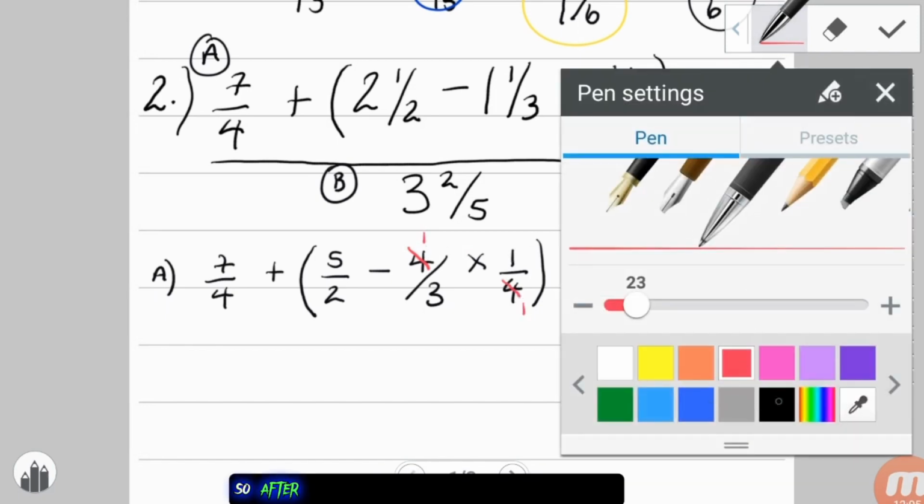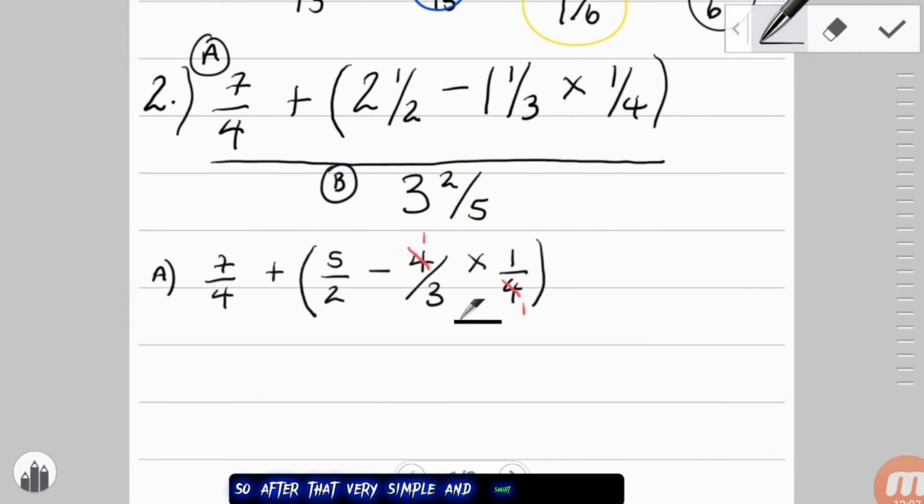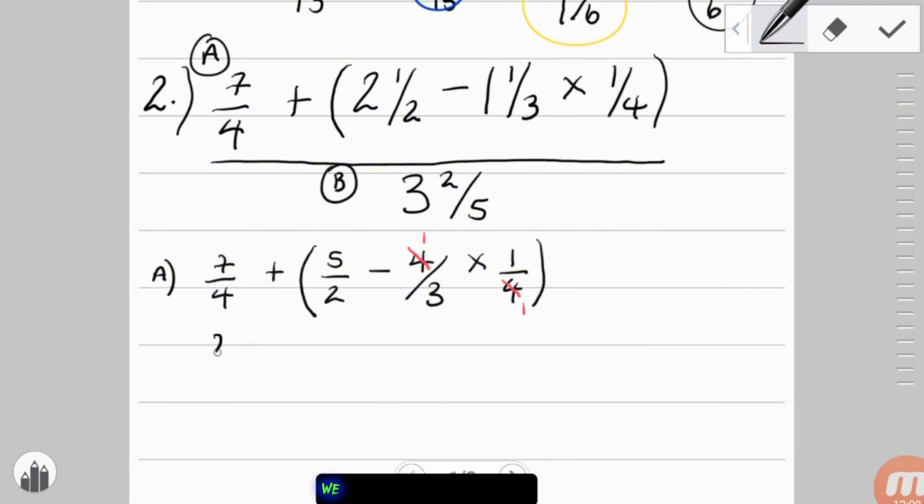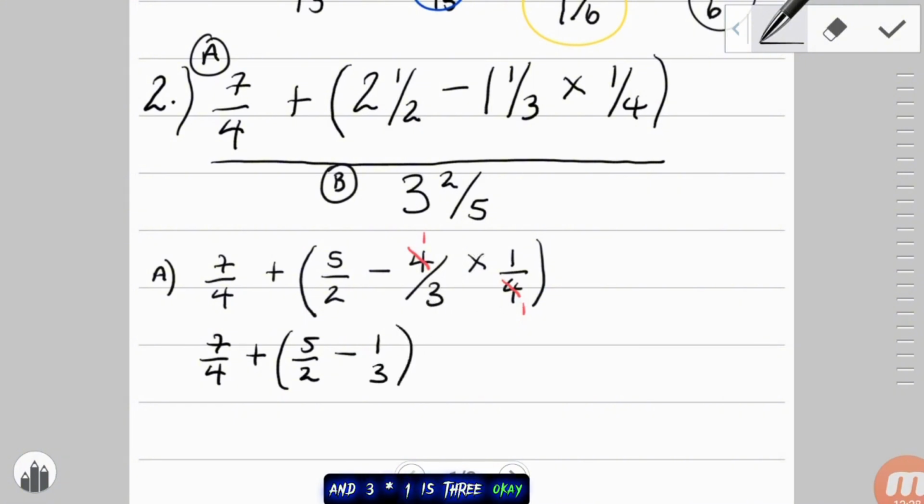After that very simple and short cancellation, we end up with 7 over 4 plus, open bracket, 5 over 2 minus 1 times 1 is 1, and 3 times 1 is 3. Now in this case, I'm still in the bracket because I haven't gotten a single answer.